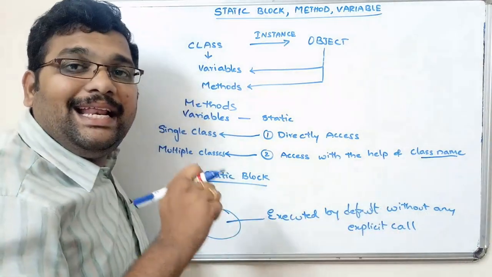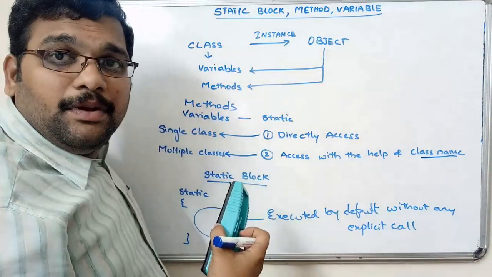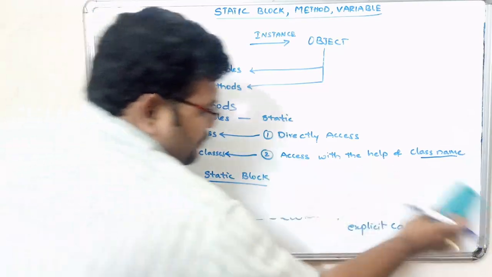If there is any reference to the class where the static block is written, the static block will be executed automatically. First the static block is executed and then it moves on to the next steps. Let us write an example so that your doubts will be clear.